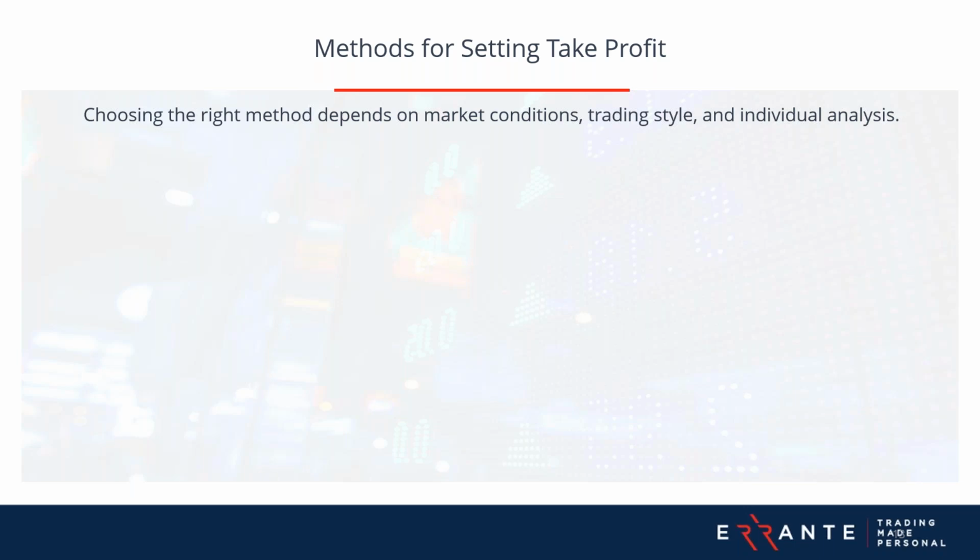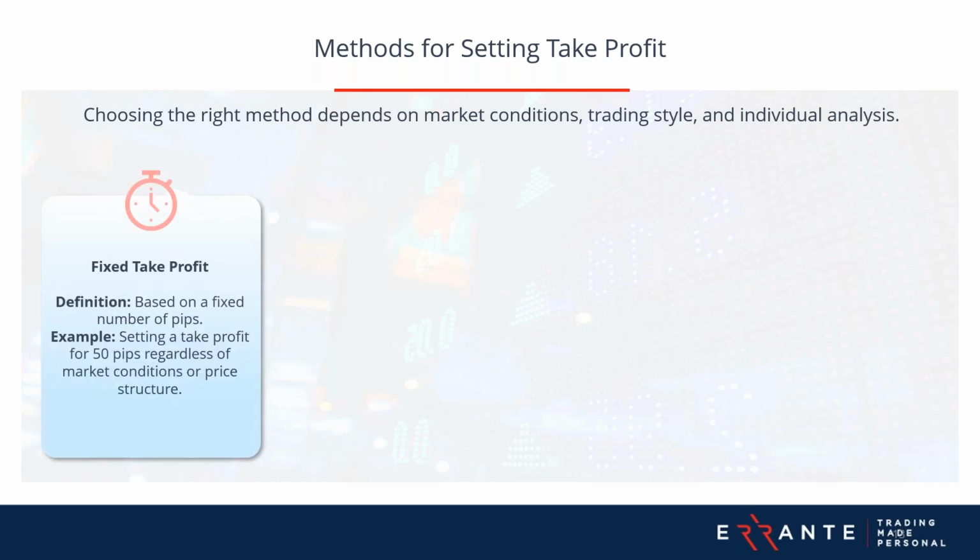Let's explore four primary methods to set take profit levels in Forex trading. They suit different trading strategies and market conditions, and you can choose between them or combine them based on your trading style, your personality, your risk tolerance, and all the other factors included in making these financial decisions.